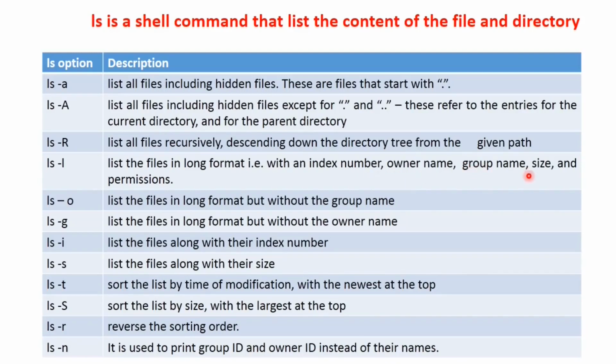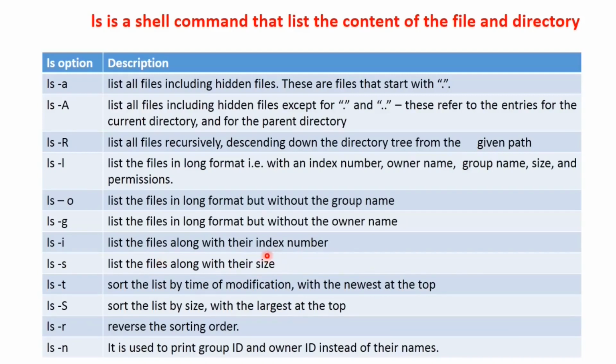The next option, -l, lists the files in a long format, which contains the index number, owner name, group name, size and the permissions. The next option, -o, lists all the files in a long format but without the group name. The next one, -g, lists the files in a long format but without the owner name. -i lists the files along with their index number.